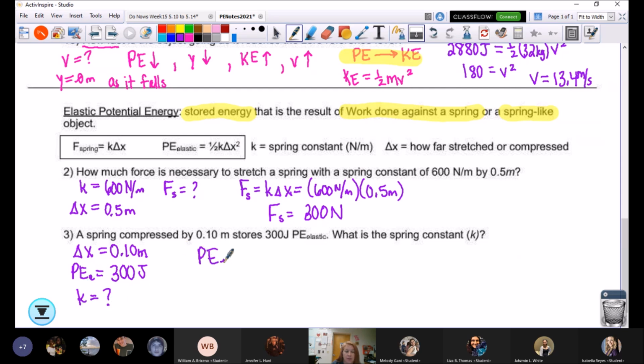So we're using the elastic potential energy equation. We cannot use the force equation because I'm not looking for force and I don't have the force. Don't have enough information to use the force equation in order to find K. So we need to use the potential equation.